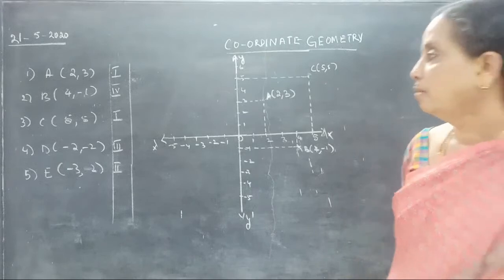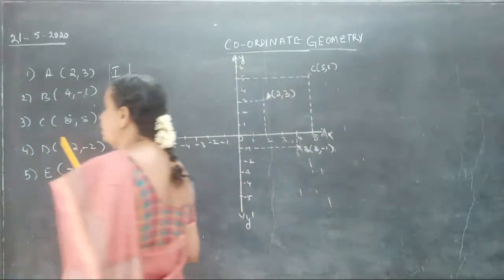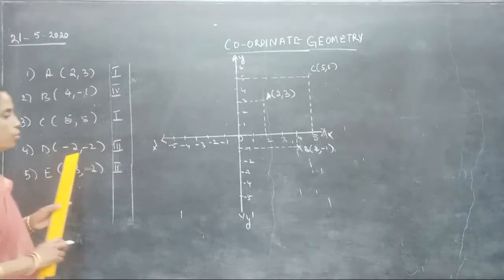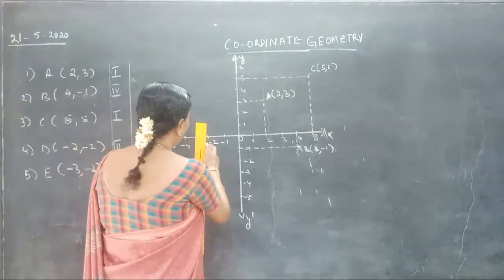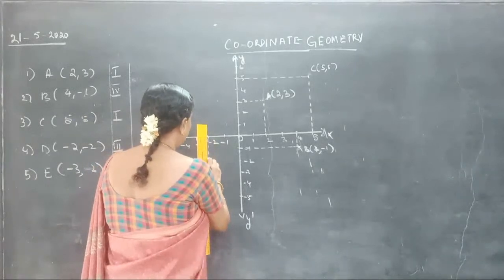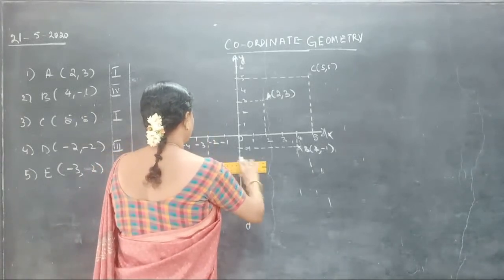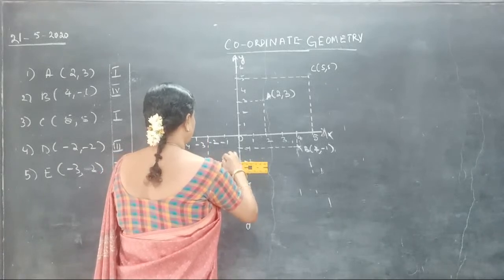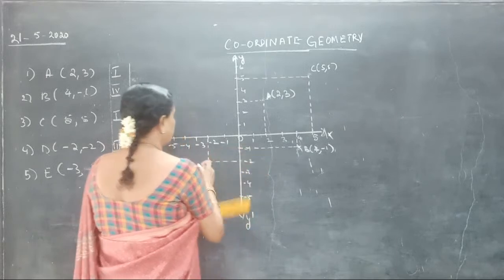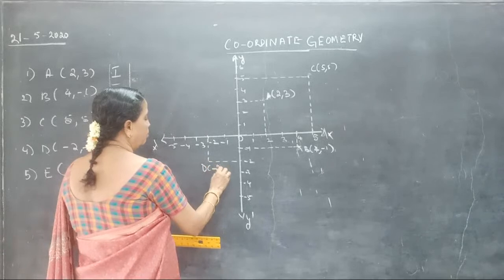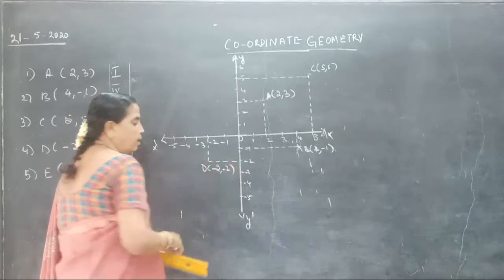So we call the x coordinate abscissa and the y coordinate ordinate. Is it clear? Move on to the fourth point. Here the fourth point shows both negative. So 2 on the left side, 2 down, you will have the point here. Here you write minus 2, minus 2.